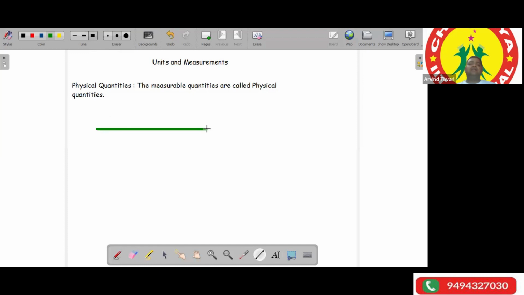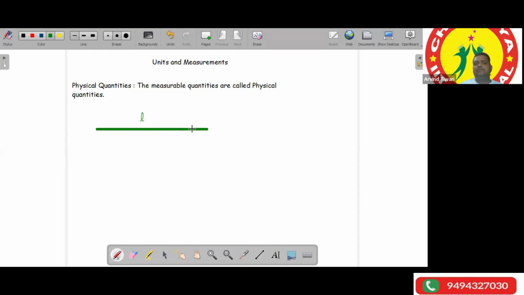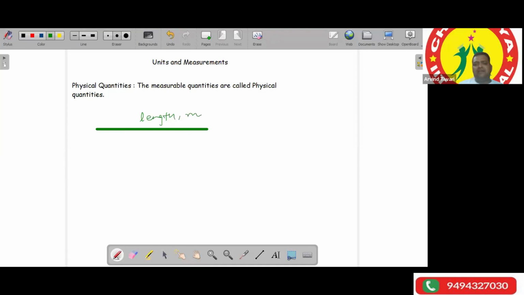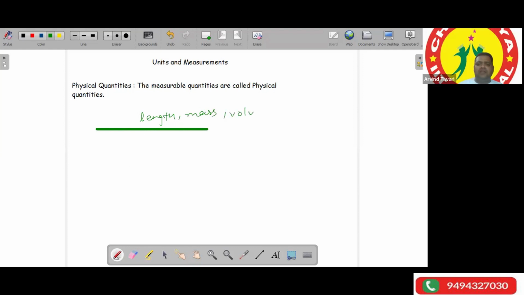What are the things that you can measure for it? Length. Okay, we can measure its length. Fine. And mass, we can measure its mass. Any other thing? Its volume. Very good. Any other thing?